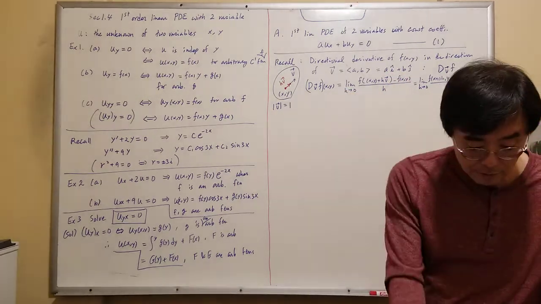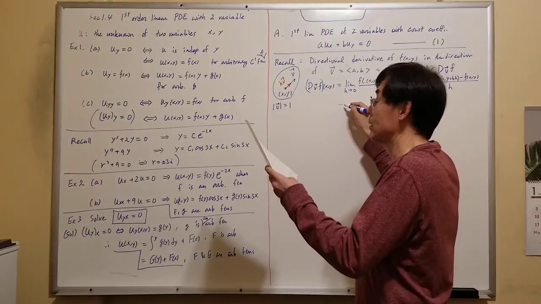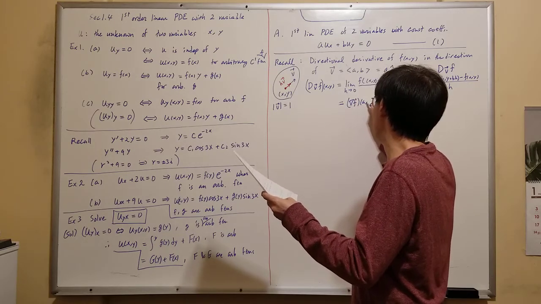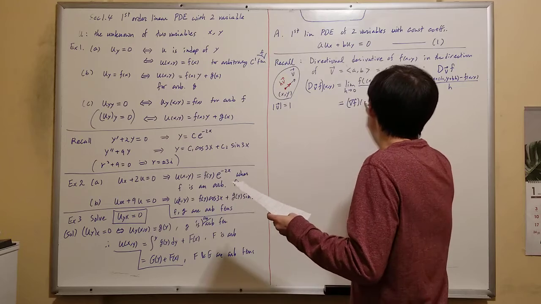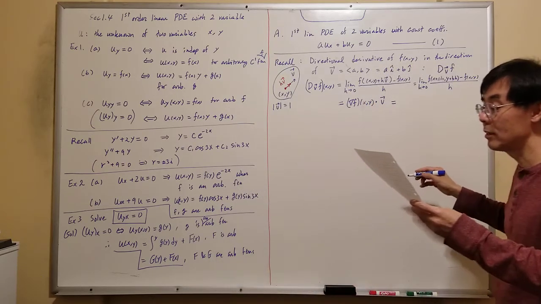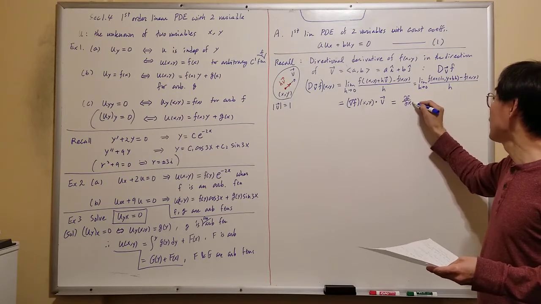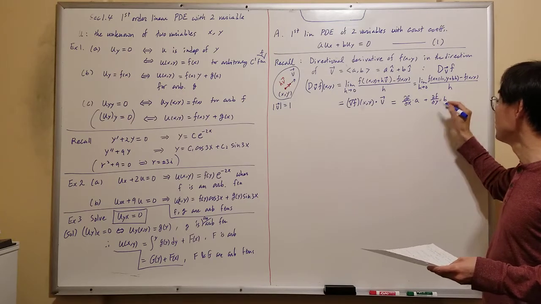And then in calculus 3, we found that it is nothing but the gradient of f at xy dotted with v. So that means f sub x times a, f sub y times b.